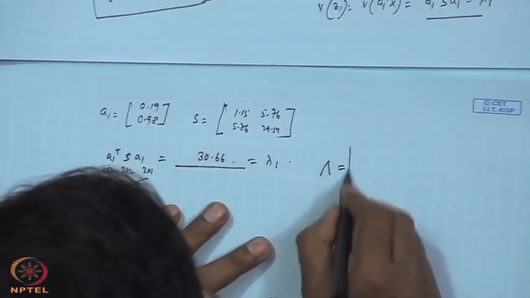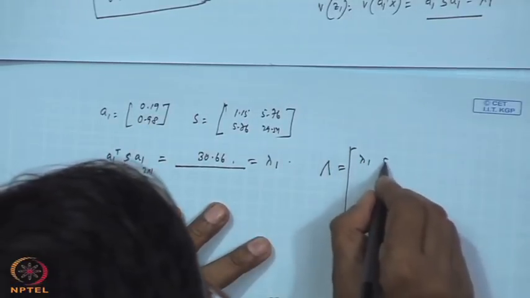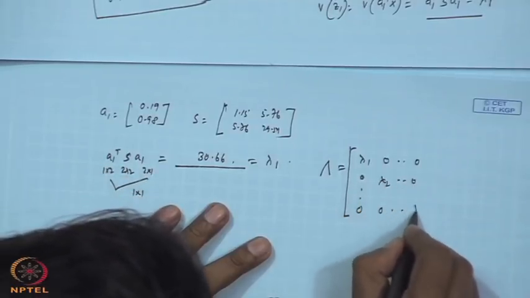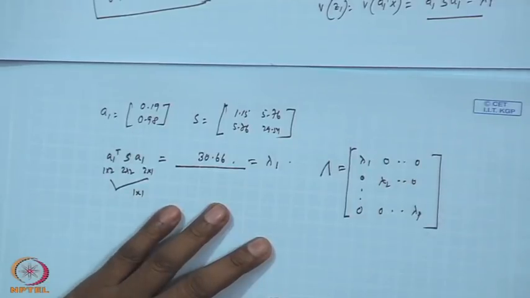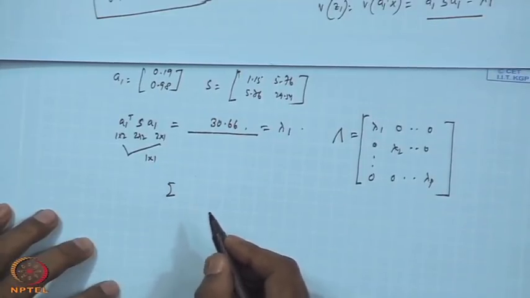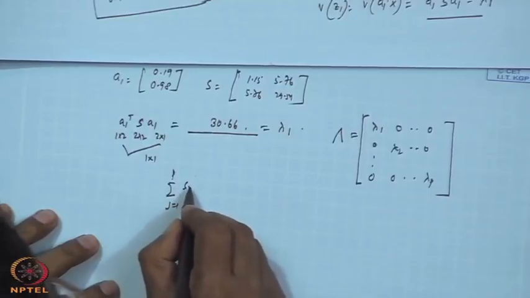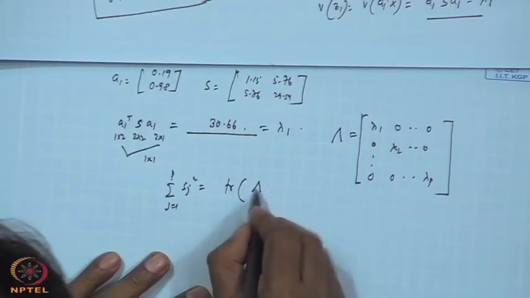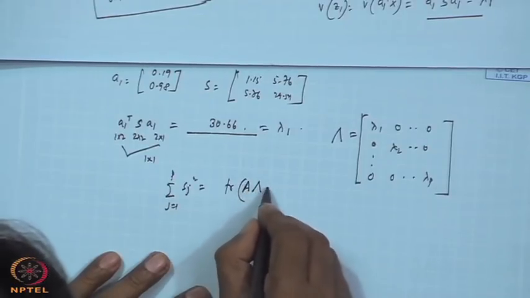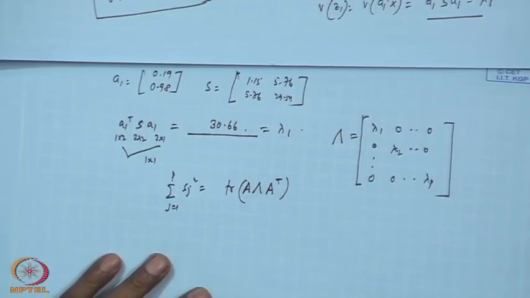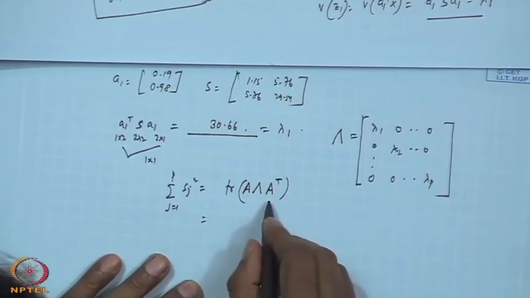Basically what I am saying, suppose you create a diagonal matrix of lambda, that is lambda 1, all 0, lambda 2, then lambda p, then what you can write, basically sum total of this one, I think that is sj square, j equal to 1 to p, you can write as trace of A lambda A transpose.